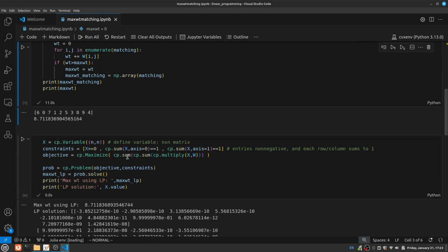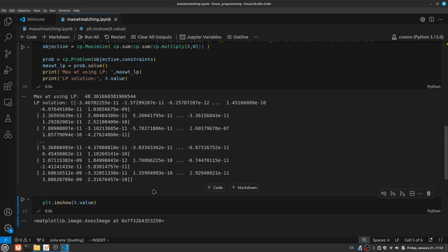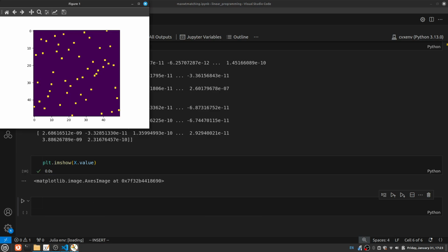So I'm not going to try to solve it using the brute force approach, but boom, I just get the solution. Again, almost no time, for a 50 by 50 matrix. It's a 0-1 matrix, and you can, in fact, see that this will actually be a permutation matrix.